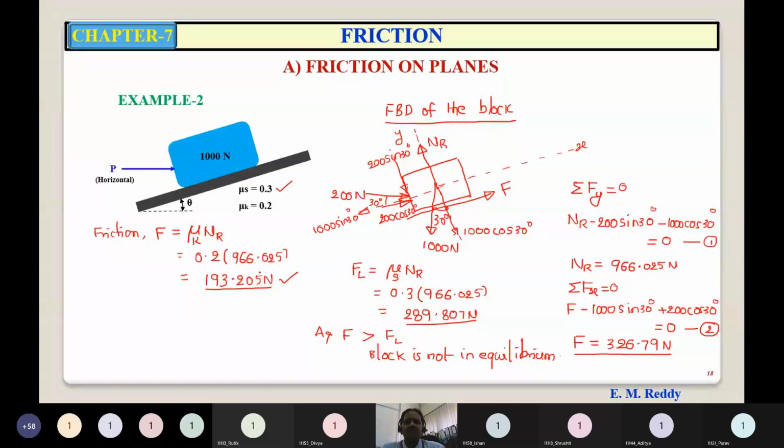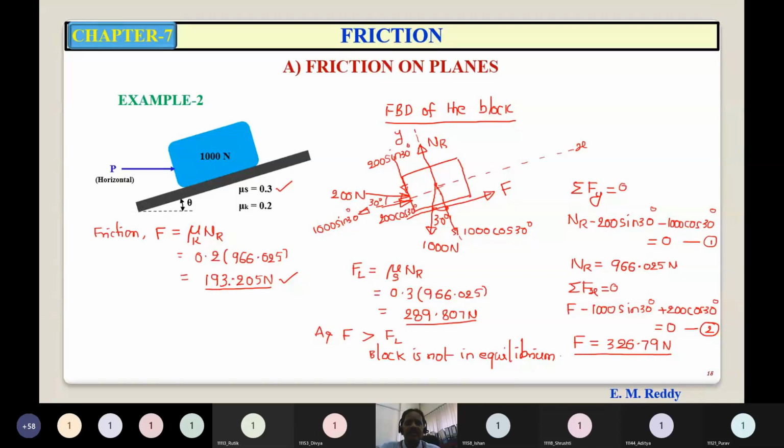And what is the direction of the friction force? Here, this F we are getting as a positive value, 326.79. Whatever we have assumed, that the block is moving down, therefore we applied force upwards, and we are getting a positive value. That means the block is moving downwards. Therefore the friction force will act upwards.